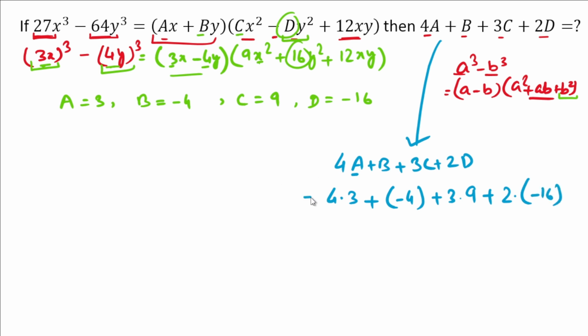Now we'll quickly simplify this. 4 3s are 12, minus 4, plus 3 multiplied by 9 is 27, and 2 times negative 16 is negative 32. Now 12 and 27 is 39, and negative 4 and negative 32 is negative 36. So 39 minus 36 is 3.